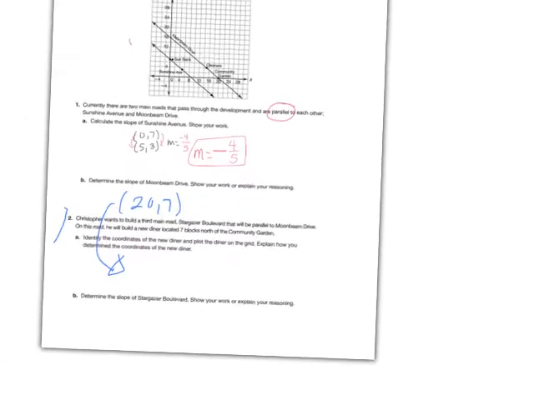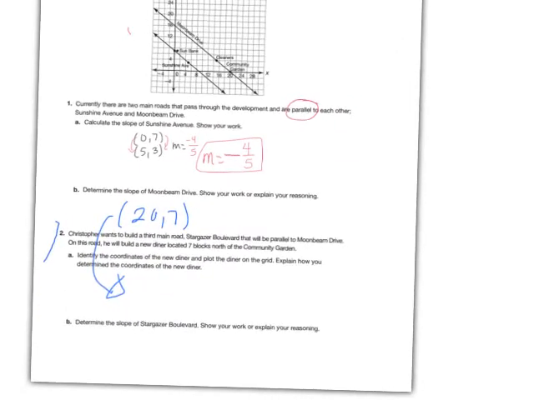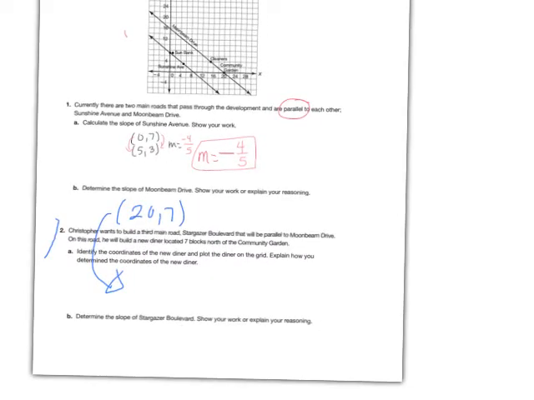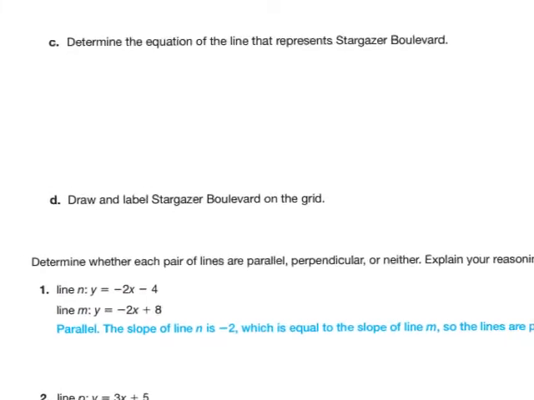All right, determine the slope of the boulevard. Well, if they're parallel, therefore they are congruent. All right, next. I think you have to draw it as well. Draw the new street, call it Sunbeam.